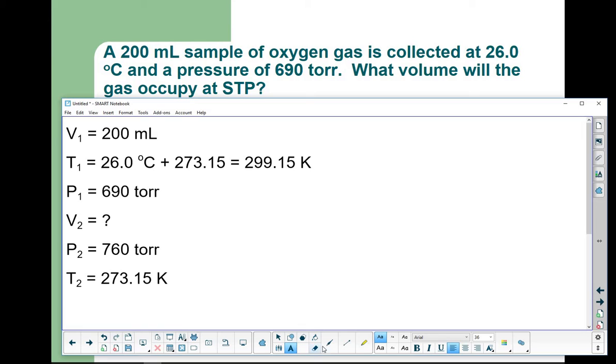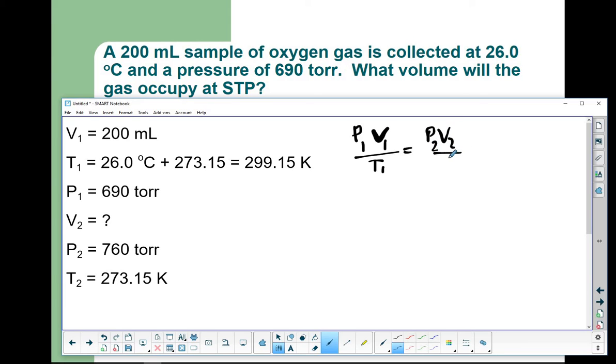So this is the one that I'm just going to try and draw real quick. V1, P1 divided by T1 equals P2, V2 divided by T2. And I am looking for V2, this one right here.